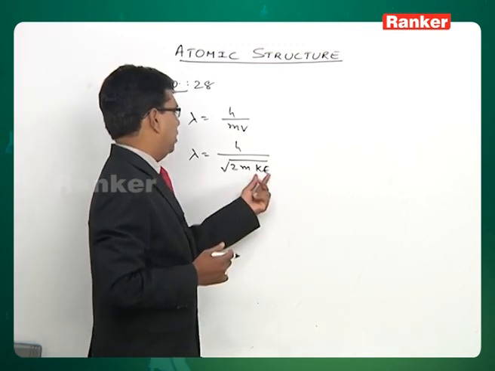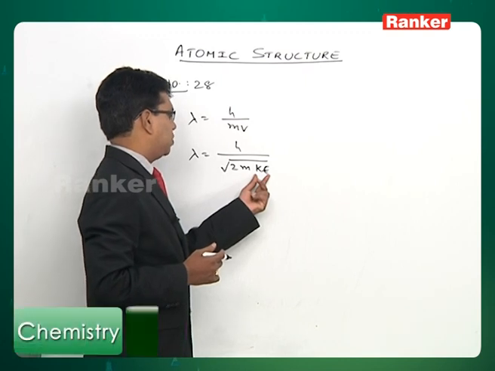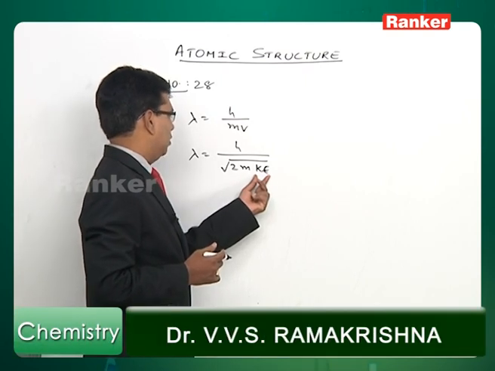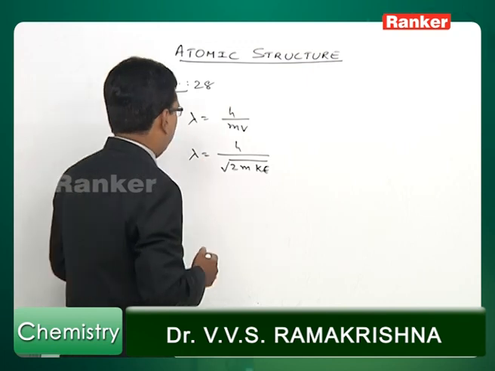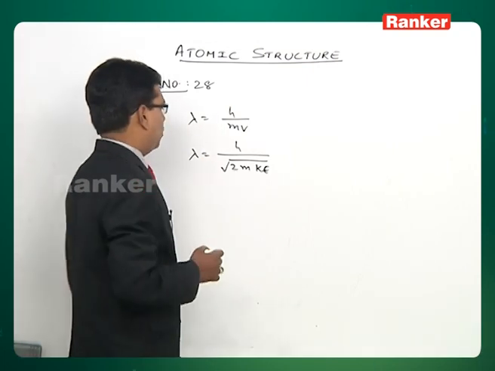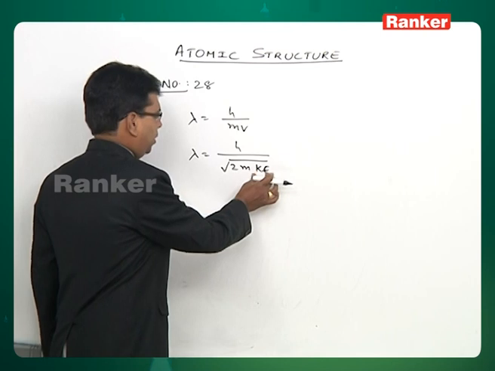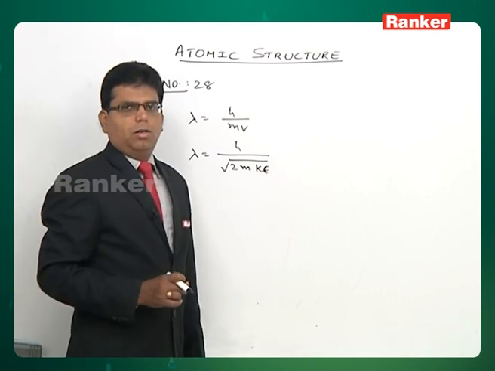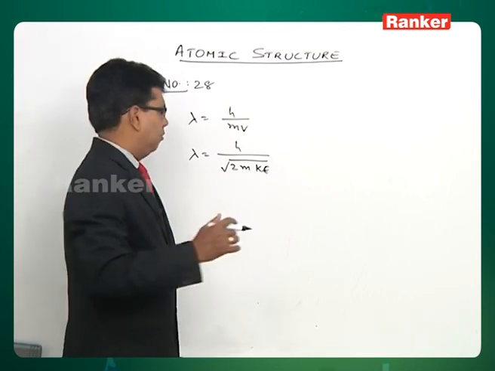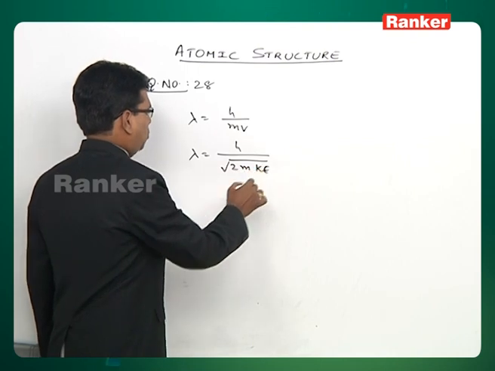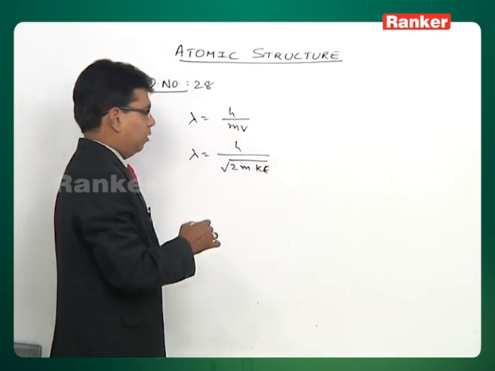Because kinetic energy is nothing but half mv square, right? So if you have lambda 1 and lambda 2 for 2 different particles, if the kinetic energy is same, then because this is half mv square, so this will be 1.